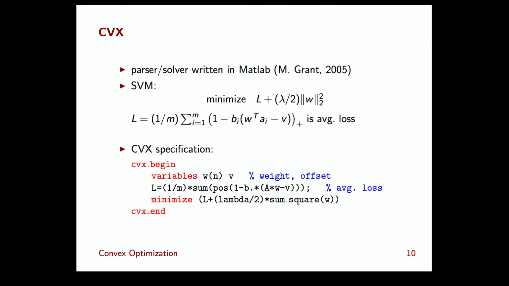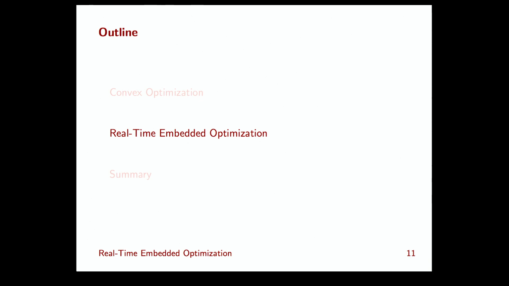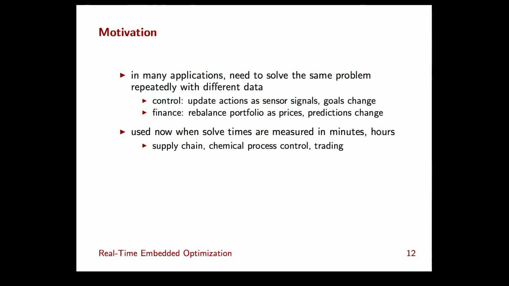So now we get to the main point, which is real-time embedded optimization. What I'll do is just talk about some of the ideas. It turns out that in a lot of cases, these are online applications: you solve the same problem but with different data. So the data changes, right?